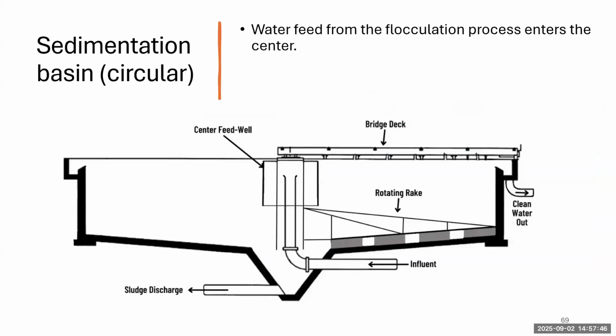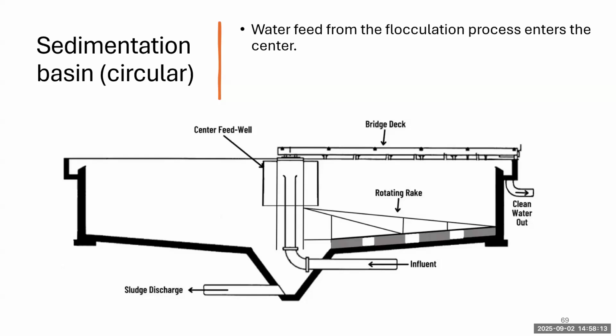In a circular sedimentation basin, the water generally comes into the center, into a feed well where it's distributed evenly, and it moves toward the outside normally, where you'll have the effluent weir around the circumference of the basin. It's not always like that, but that's probably the most common.